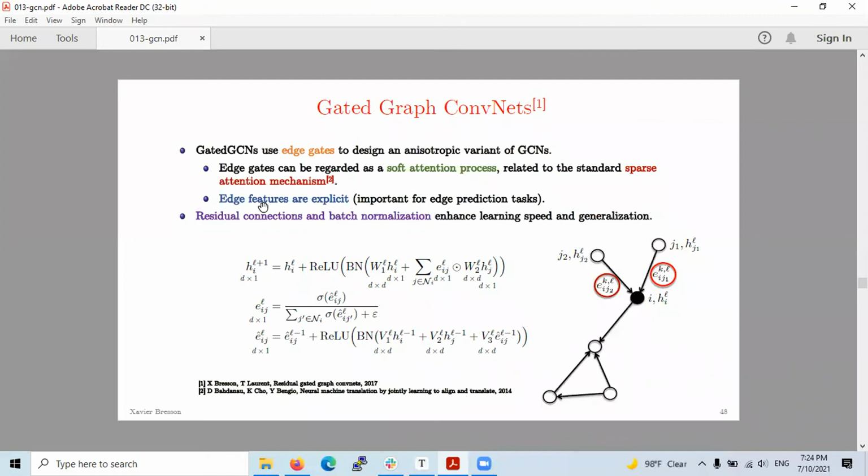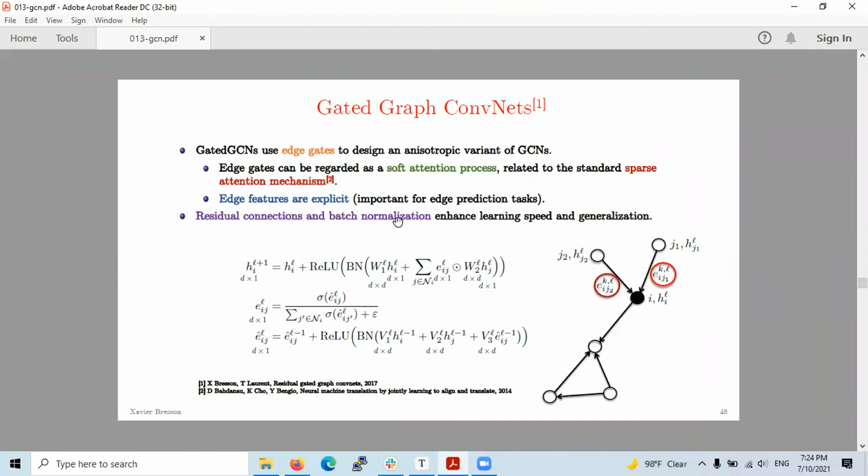So this could be useful for predicting what sort of bond energies could be possible between molecules, or for predicting protein structures with the molecules that are available.